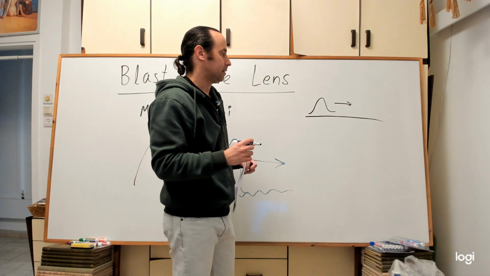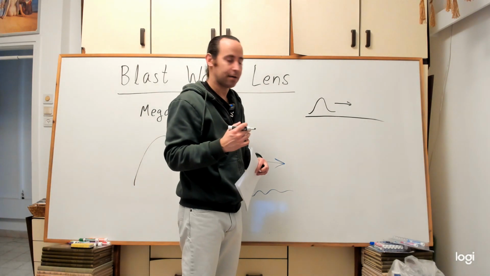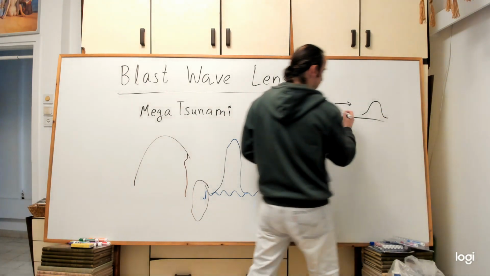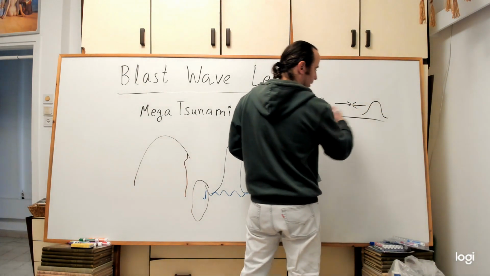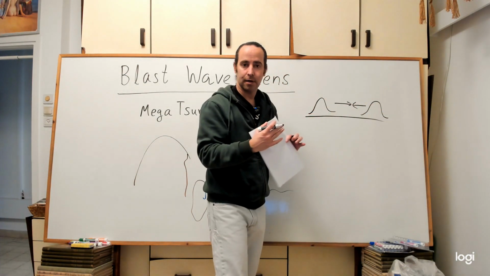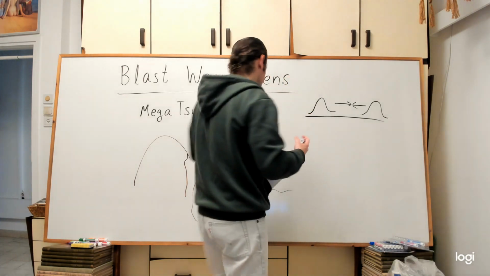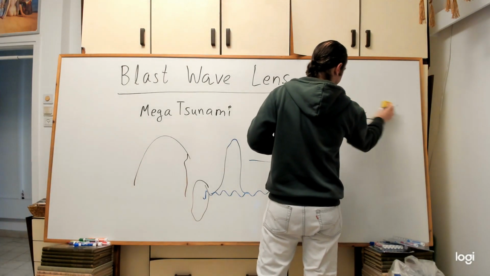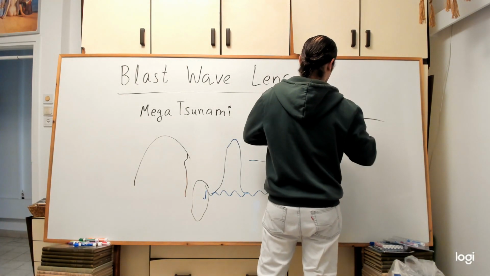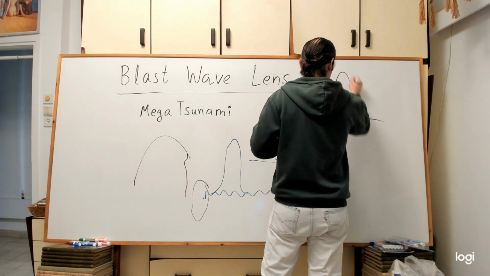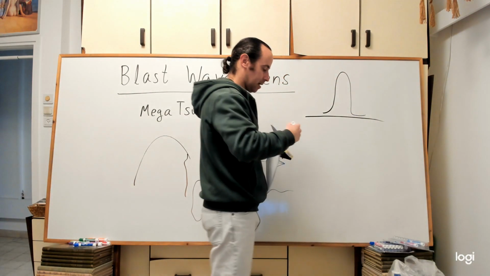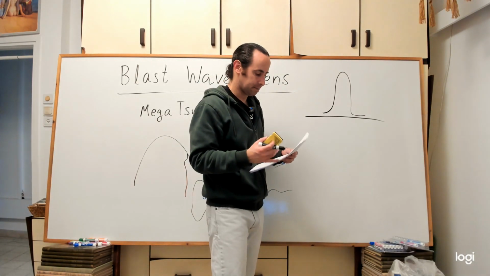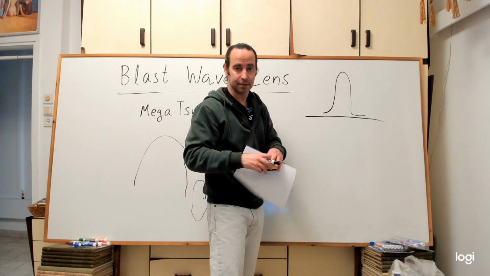And if it meets another wave going this way, then when they meet, they will make each other bigger. Instead of two waves, you will have one bigger because they unite. So this is constructive interference.